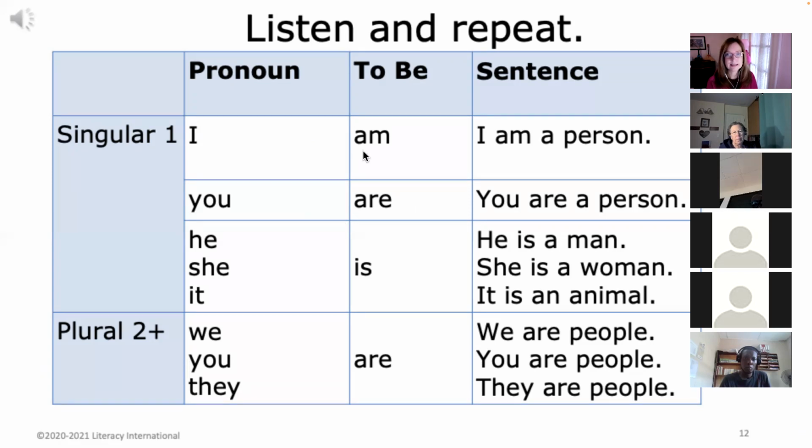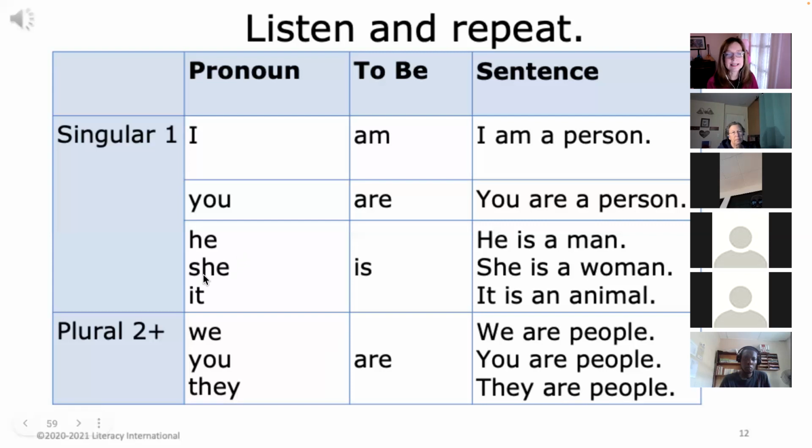We notice that the am form is only used with the pronoun I. Are can be used with you singular, you plural, we or they. The way I usually explain it to my students is the pronoun you can mean one person or many people, but we always use the plural form of the verb with the word you. So you are a person, or we can say you are people. It can be referring to one or to many.